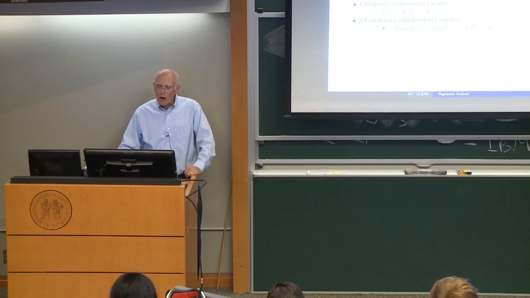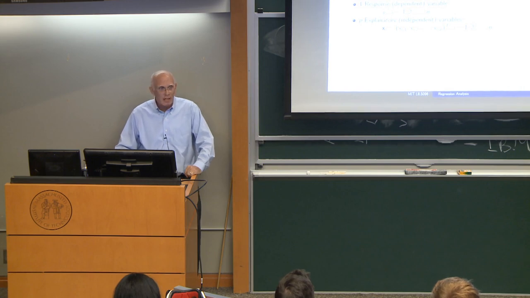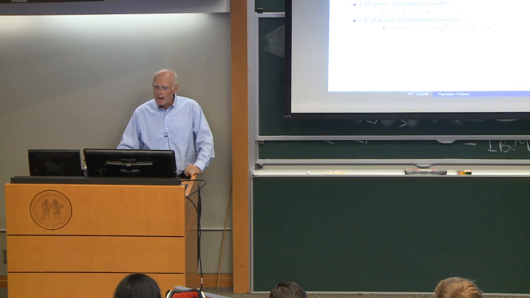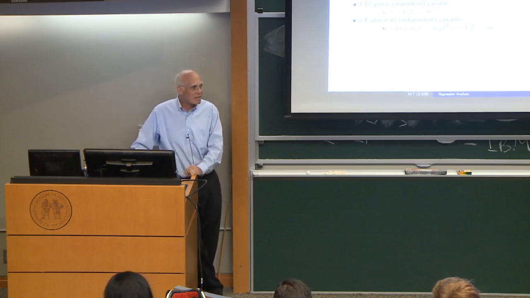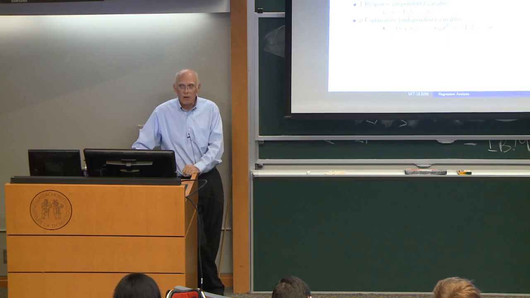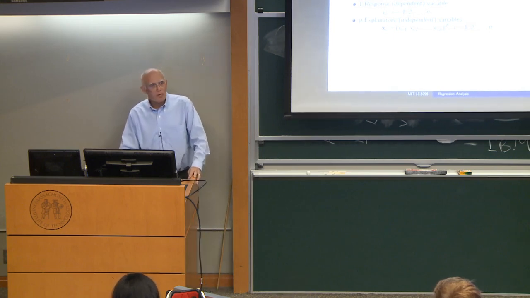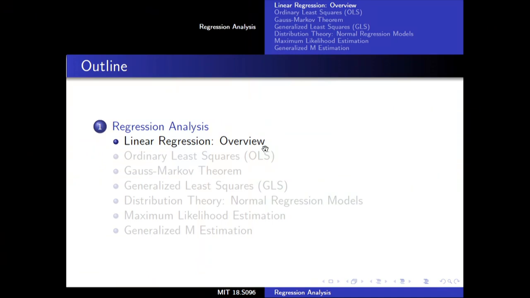The y_i's could be returns on stocks, and the explanatory variables could be underlying characteristics of those stocks over a given period. The dependent variable could be the change in value of an index, the S&P 500 index, or the yield rate, and the explanatory variables can be various macroeconomic factors or other factors that might be used to explain how the response variable changes and takes on its value.